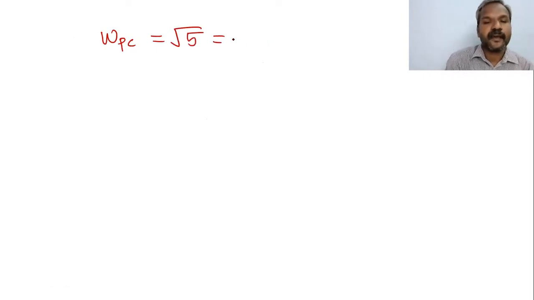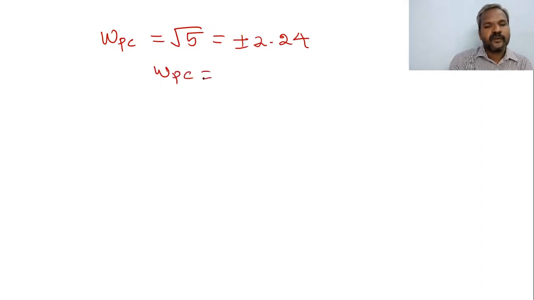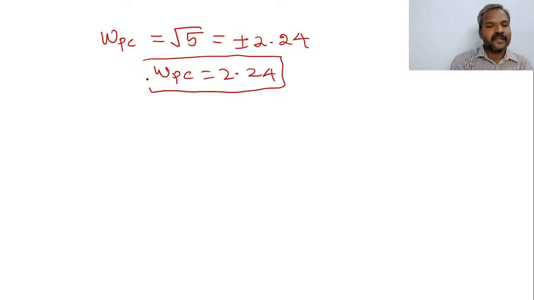So the phase crossover frequency omega PC equals root 5, plus or minus 2.24. We always take this value as positive, because omega varies from 0 to infinity. So take omega PC as positive 2.24.